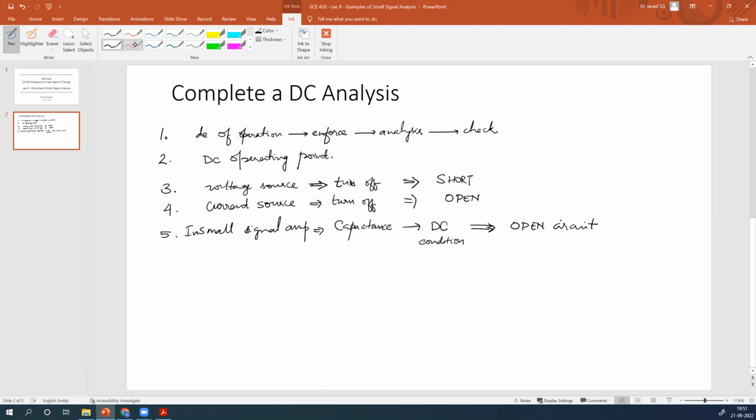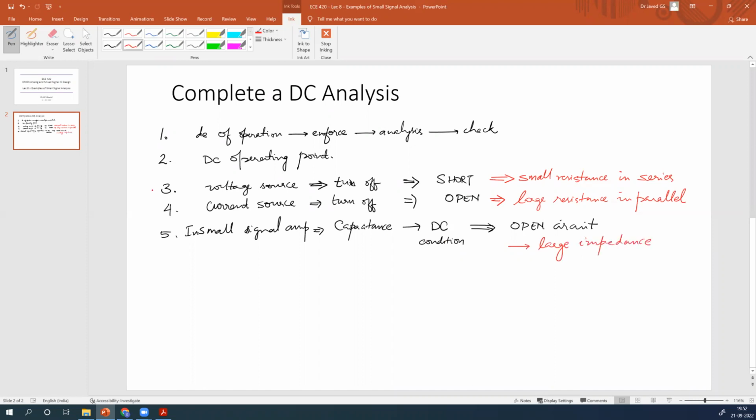Now, what are the learnings that you have? A voltage source will always have a small resistance in series. A current source will have a large resistance in parallel. And a capacitor in DC condition is an open circuit with a large impedance.